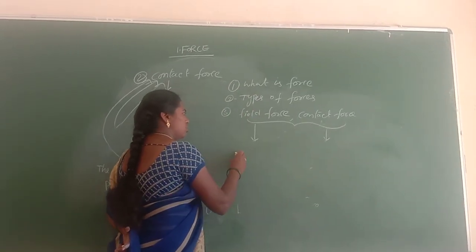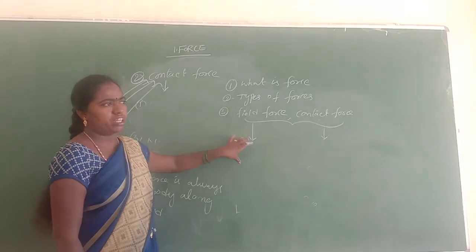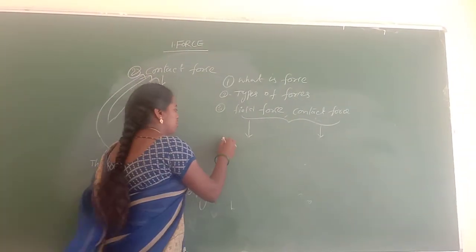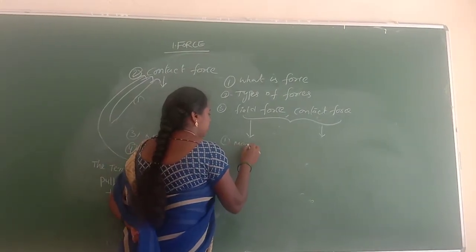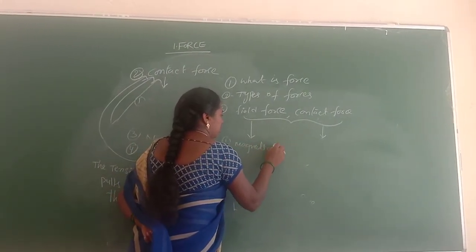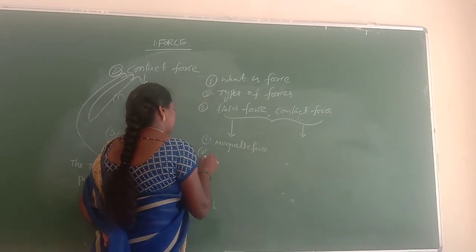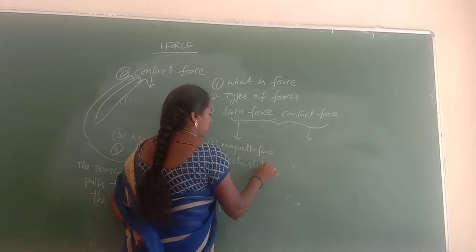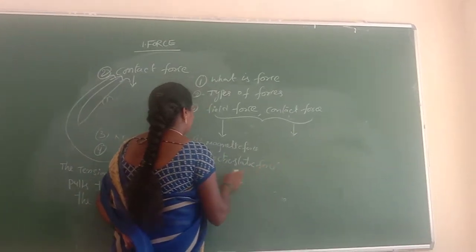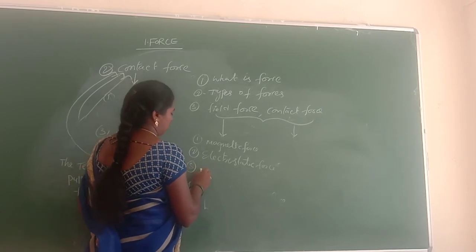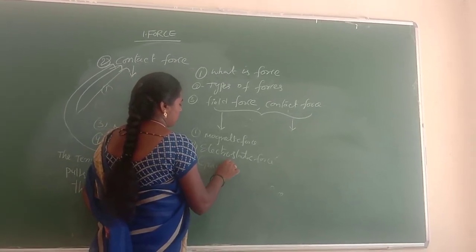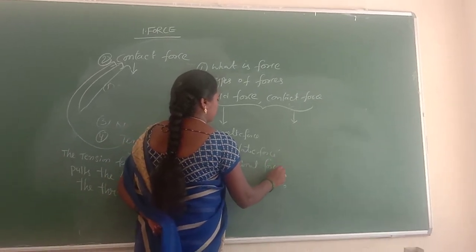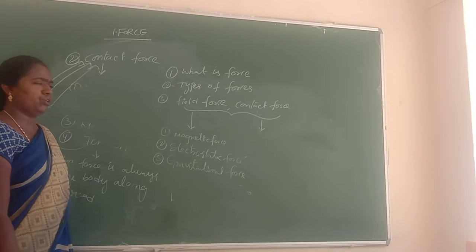Field force has three types. First one, magnetic force, second example is electrostatic force, and third one is gravitational force. These are three examples of field force.